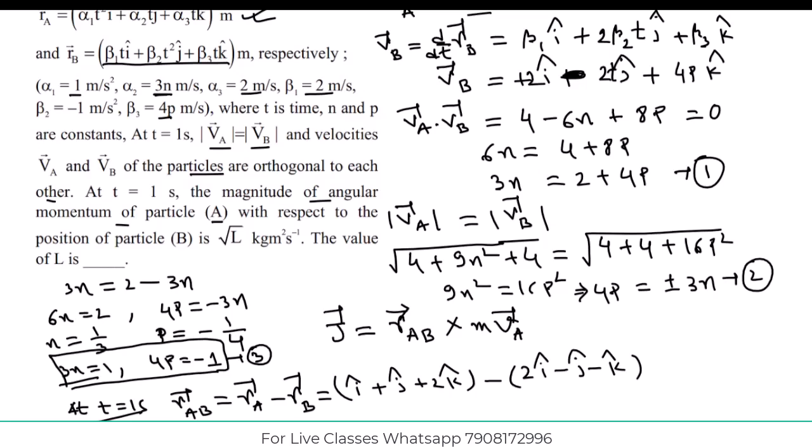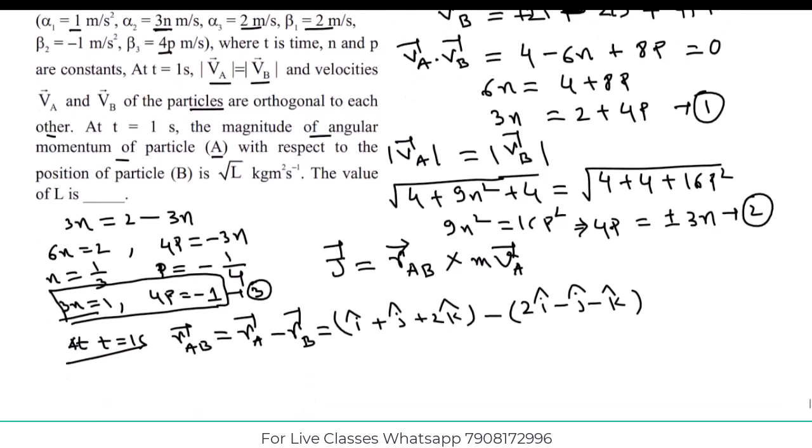So r_A minus r_B becomes 1 minus 2, that is minus i cap, plus j minus of minus j, that is 2j cap, and 2k minus of minus k, that is 3k cap. So r_AB is minus i cap plus 2j cap plus 3k cap.